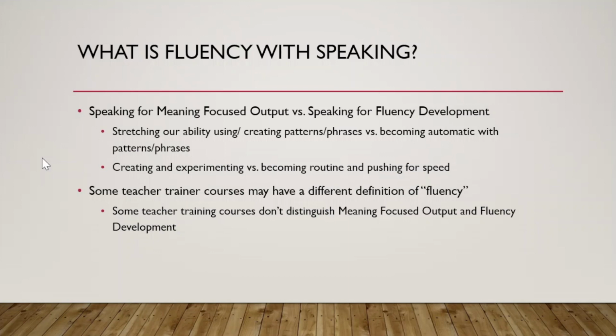And fluency development is more about developing automaticity. So we're trying to become more automatic with what we already know. For example, we would be repeating some prepared talk that we're really familiar with, and we would try to go faster.